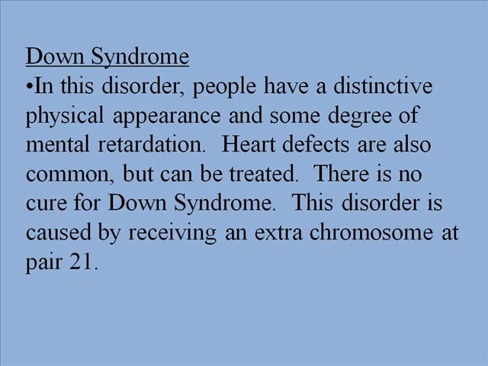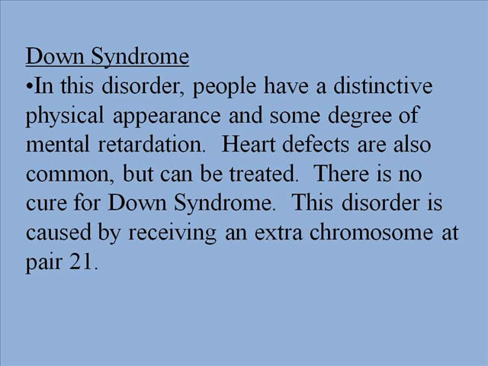Down syndrome is a disorder that you get because either your mom or your dad's gene pair fails to separate. We talked about in class the law of segregation, which says that your gene pair must separate and one must go to each egg, or one must go to each sperm if you're the father.